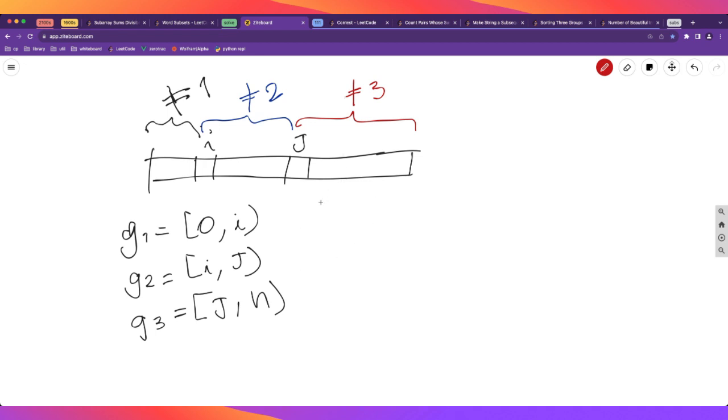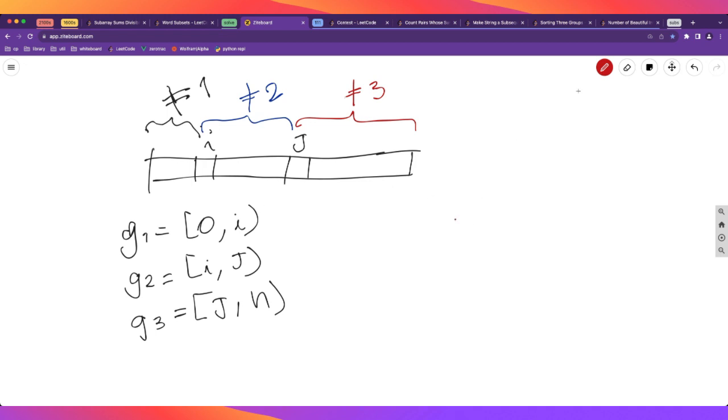How do we do that quickly? Well, we could precompute prefix arrays, so that for every range we know how many 1s there are, how many 2s there are, and how many 3s there are. That should be good.